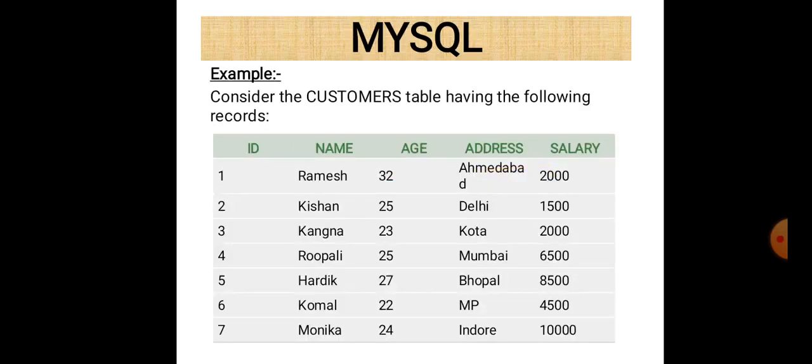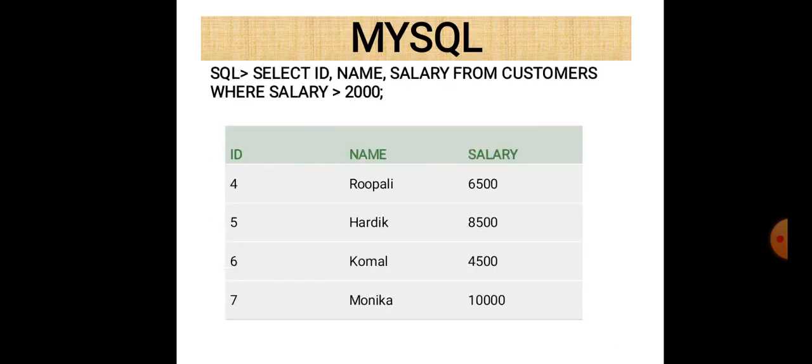First of all, there is a table named customers, containing 5 different columns: id, name, age, address, and salary. Now if you want to filter the records in it, suppose you want to show only the details of those customers who have salary greater than 2000. So for that purpose we just write select id, name, salary.